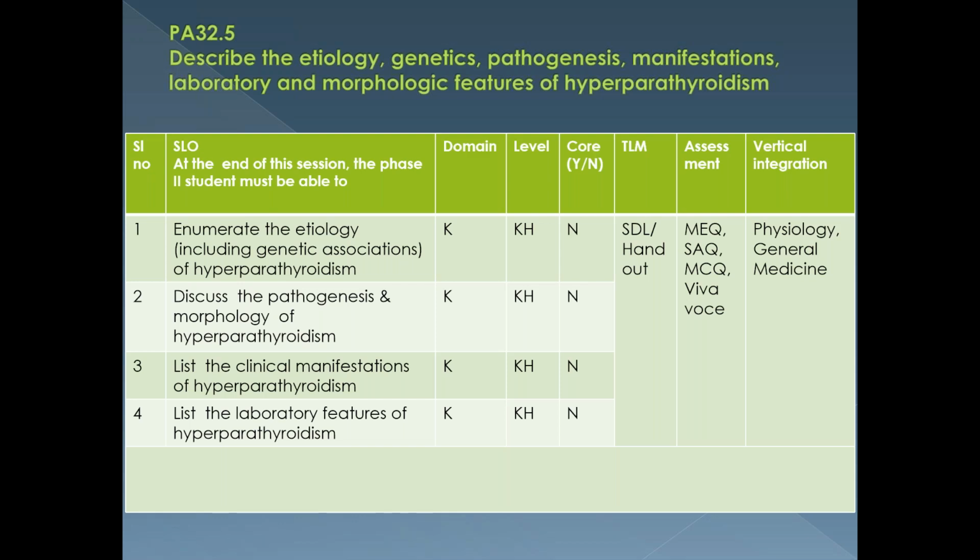Actually, Dr. Barnik, I wanted to know how can this enumerate and classify? You're saying that the highest level is know-how. How can this be know-how? According to me, this should only be know. No, okay, fine.